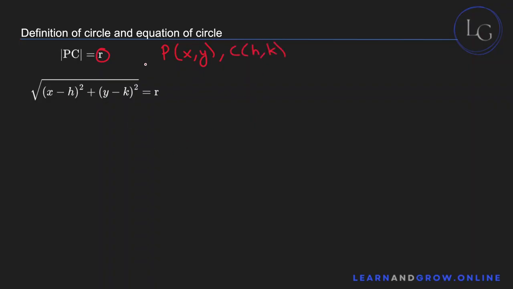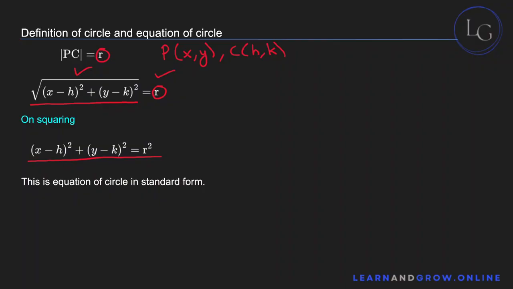So the distance from P to C can be represented like this, right? You already know the distance formula from before, and that is equal to the radius r. Now, if you square both the left-hand side and the right-hand side, you get this, right? And this is the equation of a circle in its standard form, by the way.